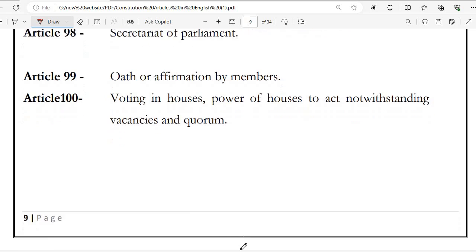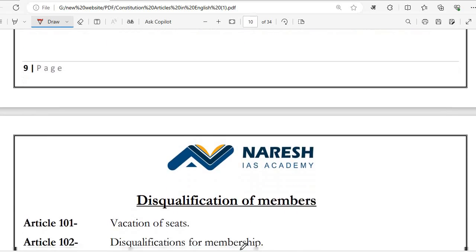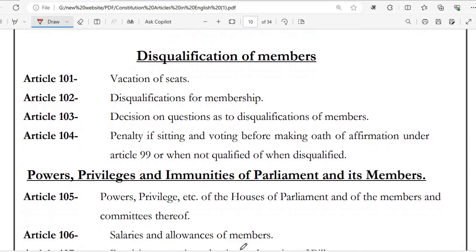And voting provision, Article 100, and disqualification of the member. These are the different articles, like the vacation of seats, in which provisions have been made. If any member is absent without informing the presiding officer for 2 months or 60 days, he may be disqualified and his place may be declared vacant. Disqualification of member, different grounds have been made.